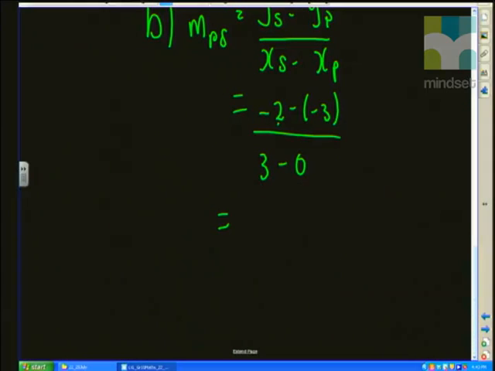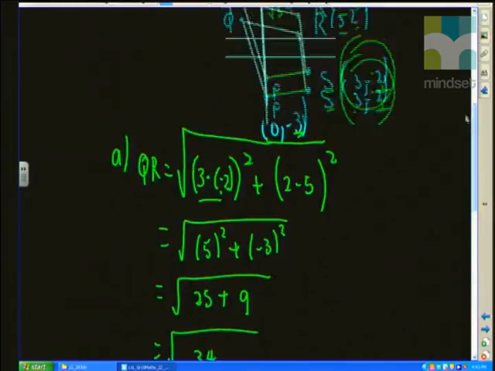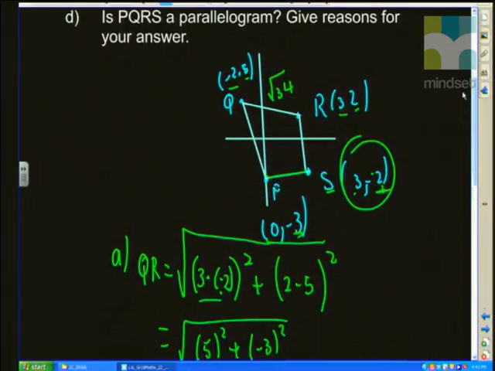So that gives me minus 2 plus 3, which is just 1, all over 3. So therefore the gradient of PS was a third.